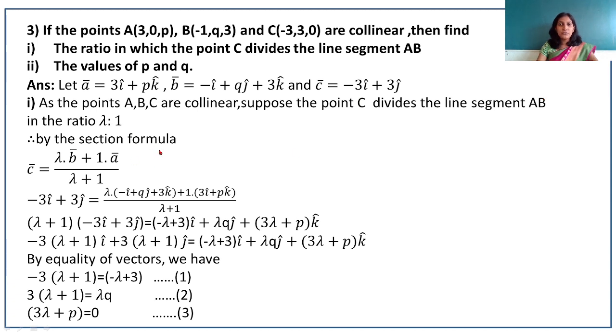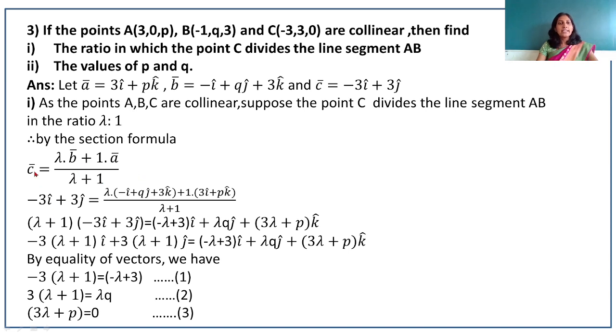Then by section formula, C bar is equal to (lambda B bar plus 1 A bar) divided by lambda plus 1. Now there are two section formulas, section formula for internal division and section formula for external division. To find the ratio, we always use the section formula for internal division, not the external division formula.